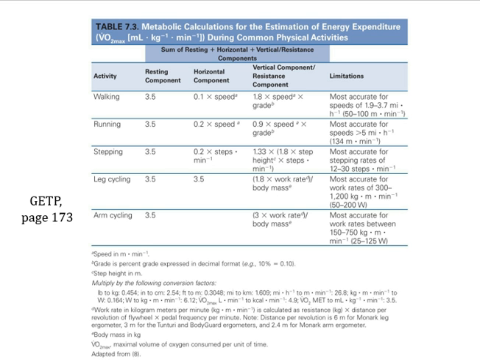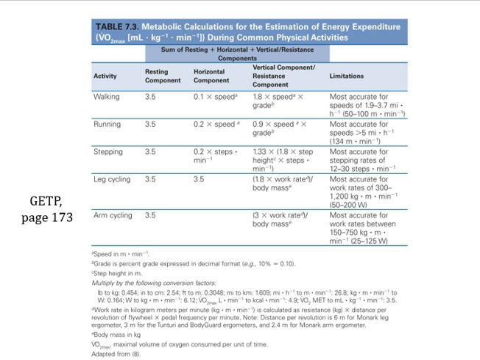If you remember, your resting oxygen consumption is 1 MET or 3.5 milliliters per kilogram per minute. Milliliters of oxygen per kilogram per minute. So again, you need to know 1 MET is 3.5 milliliters per kilogram per minute. So that is the resting component, and that's added into every equation.